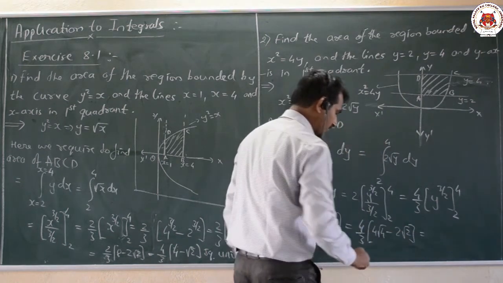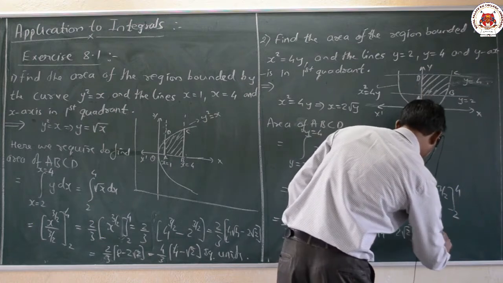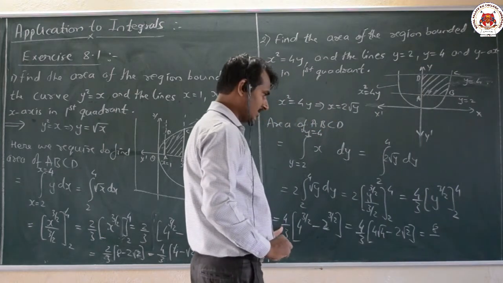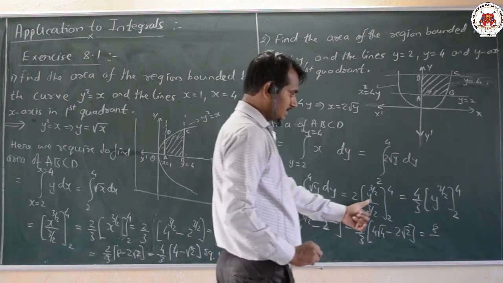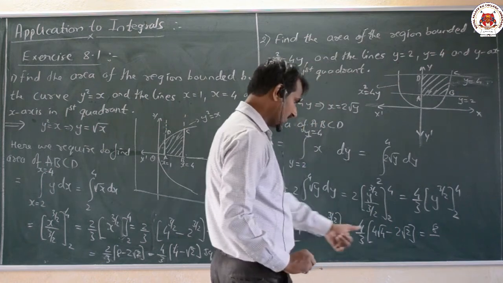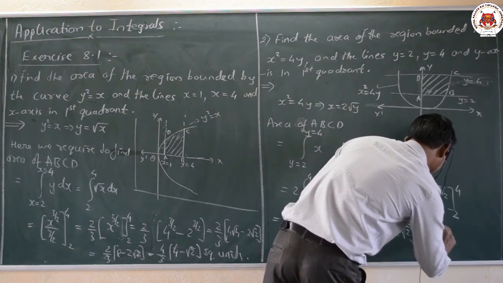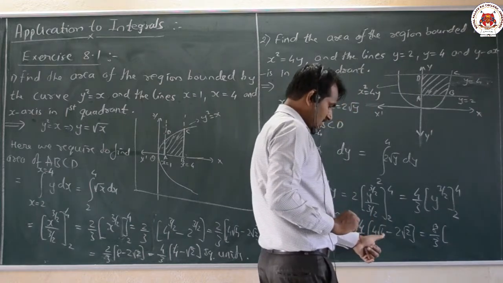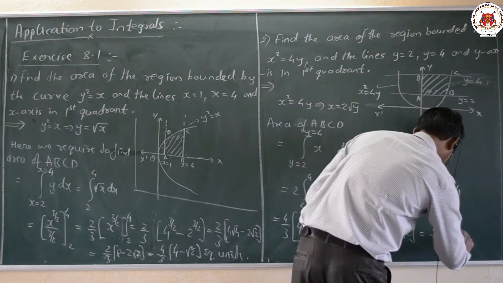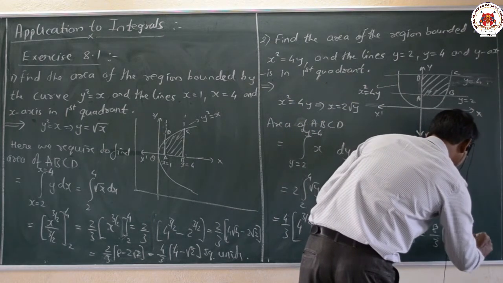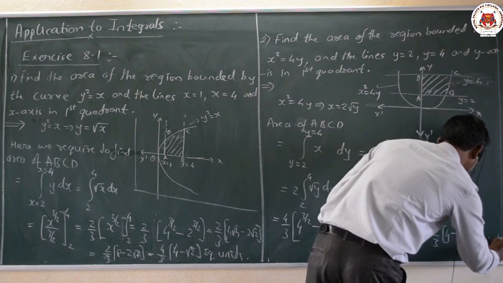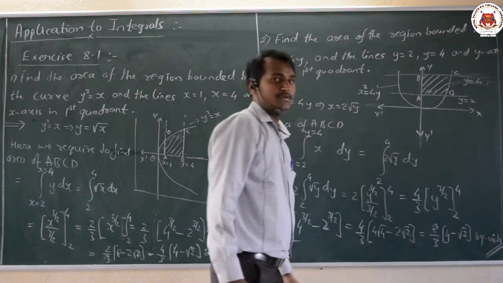If I take 2 common outside, that is 8 by 3, already it is 4 here, dear students, that means 4 into 2, that is 8 by 3, then we can write 4 minus root 2 square units. That is nothing but the required result.